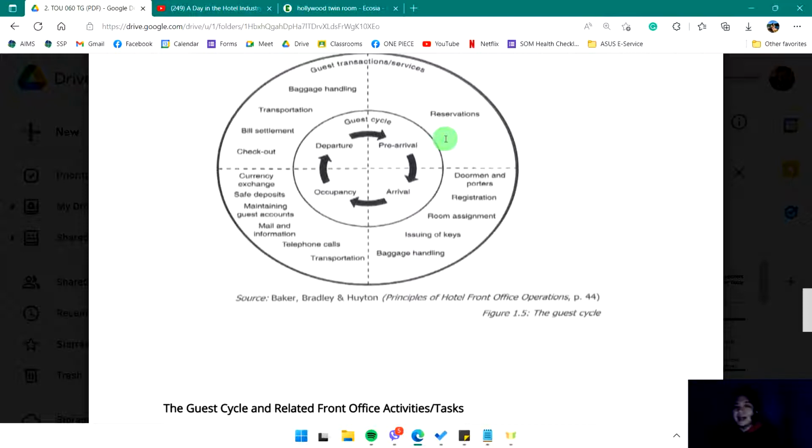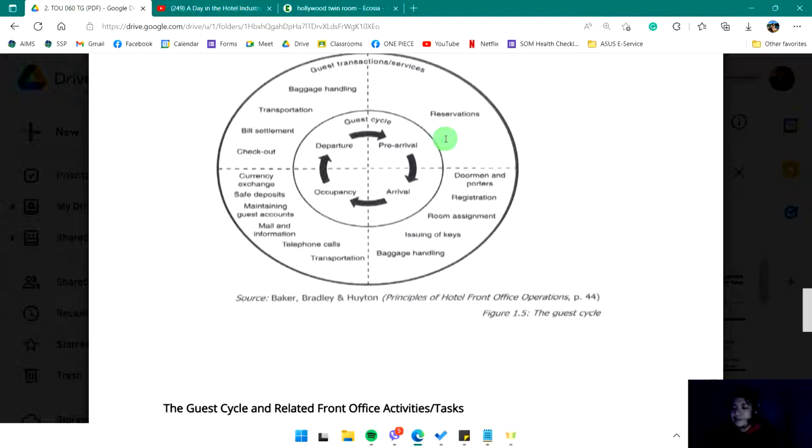And then sa occupancy naman, dito papasok yung mismong buong stay ng ating guests, whether sa kanilang mga facilities na pupuntahan, amenities na pupuntahan, and of course, while they are staying in our hotel, they will really have concerns or inquiries.